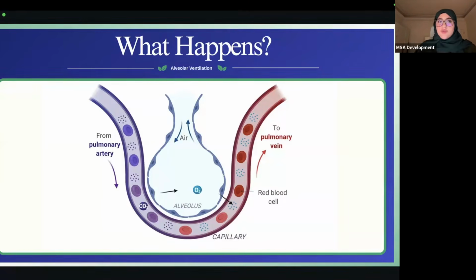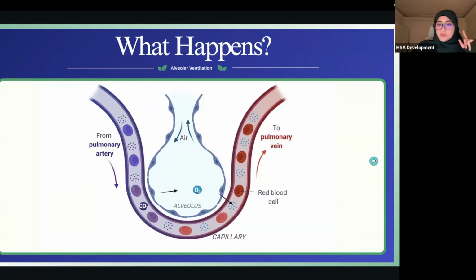It's just waste from doing work, right? And so CO2 travels with the deoxygenated blood that the cells have left behind, and it diffuses into the alveoli and goes back up, right? So when we breathe in, we're breathing in oxygen, and when we breathe out, we're breathing out CO2. That's just the basics of what happened.